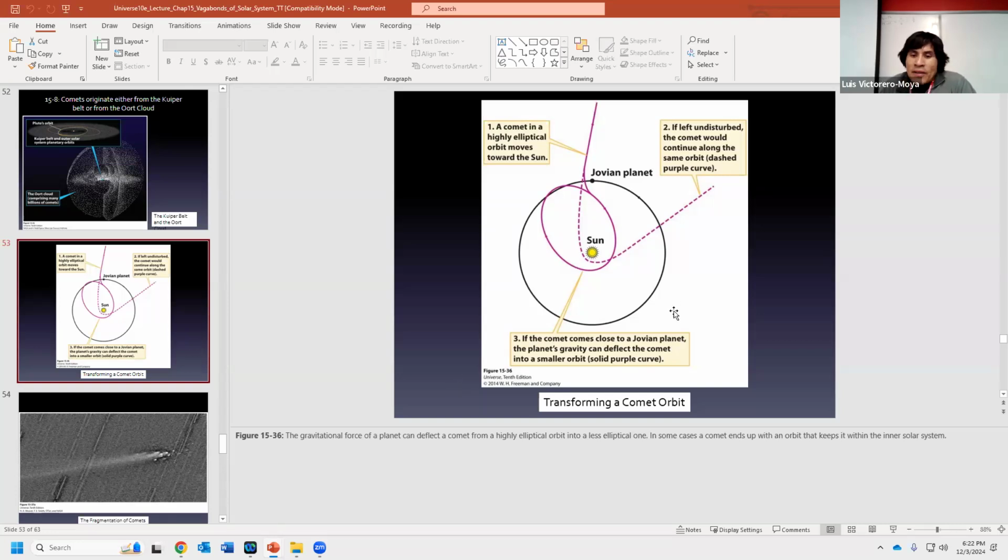So if the comet comes close to a Jovian planet like Saturn or Jupiter, then it can deflect the comet. Sometimes the comet can be deflected towards the Jovian planet. For example, the Shoemaker-Levy, which was deflected towards Jupiter, right? Sometimes it can be deflected away from the sun.